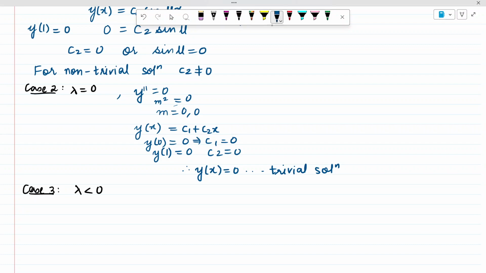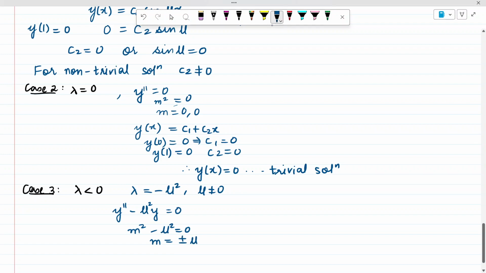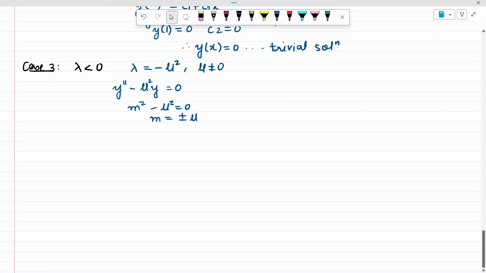So we start assuming lambda is equal to negative nu square, again where nu is not equal to 0. So y double dash minus nu square y is 0. Auxiliary equation is this. So m would be equal to plus or minus nu, real, distinct roots.